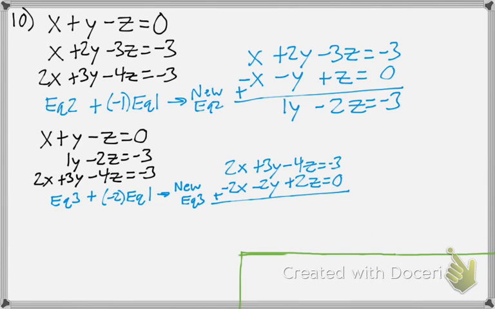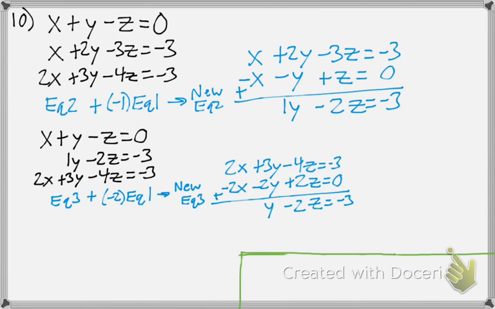So if I add these up, then I'm going to get 3y minus 2y is going to be 1y, or just y. And then this is going to be a minus 2z, and that's equal to -3.